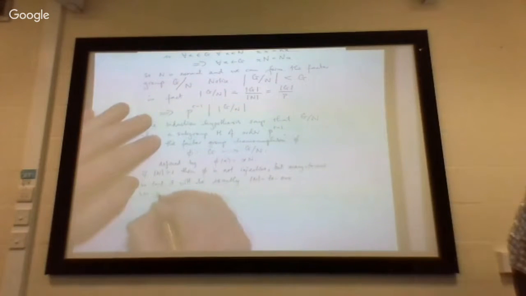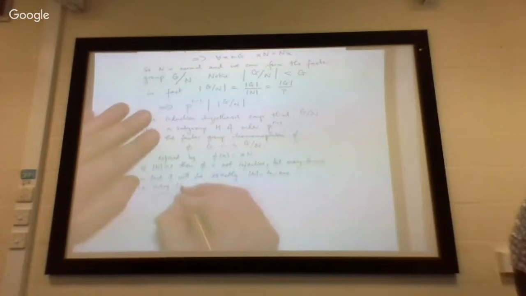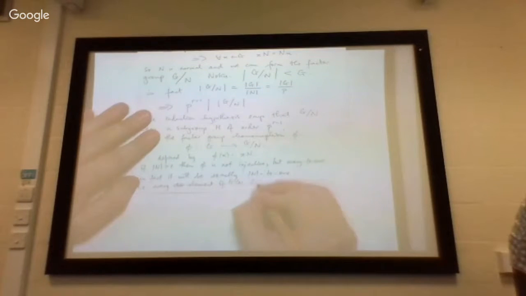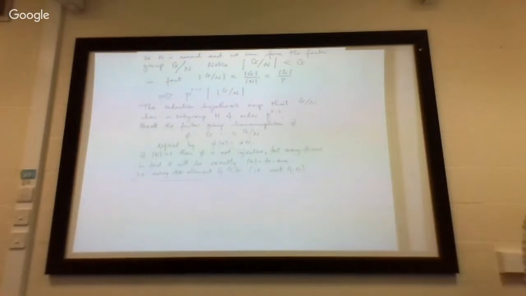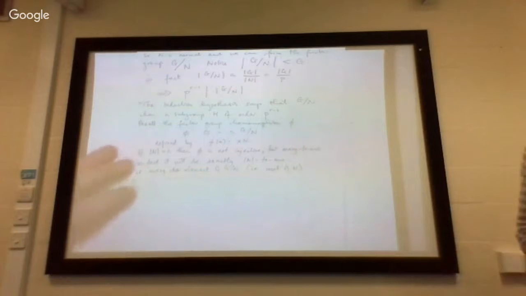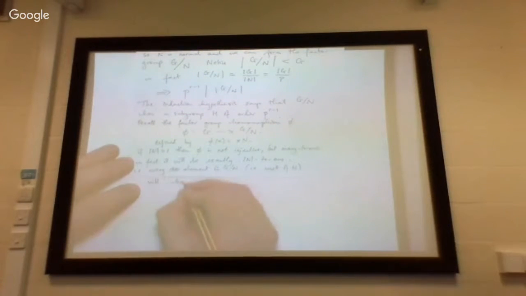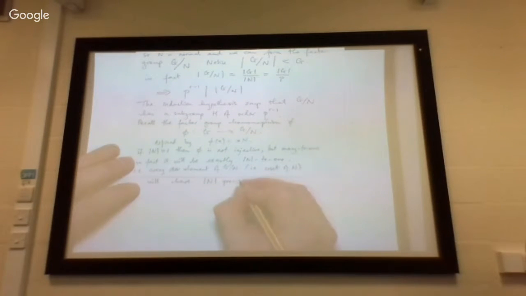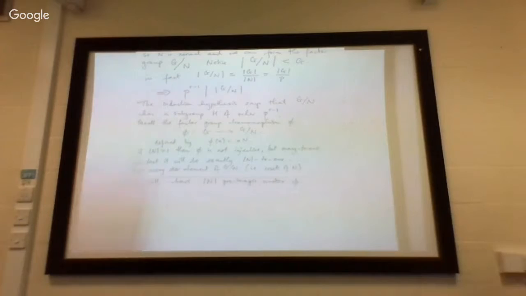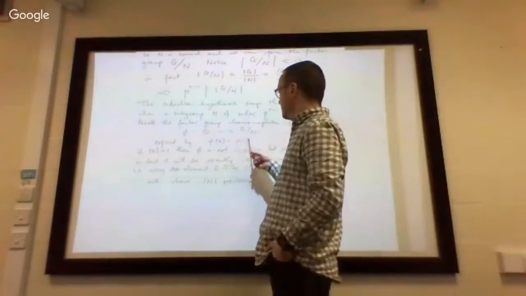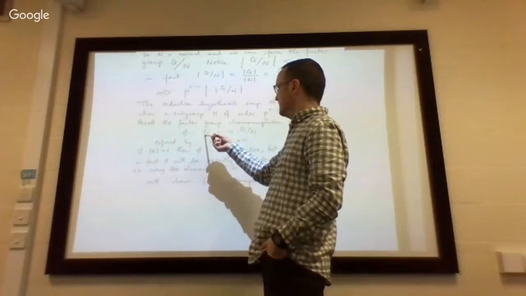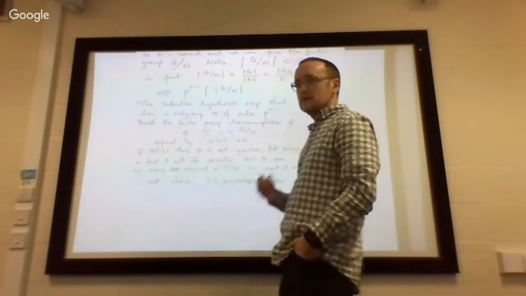I.e., every element of the factor group, i.e. coset of N, will have this number, size of N, pre-images under phi. Remember, a pre-image is something in the domain that gets sent to that element by the homomorphism.